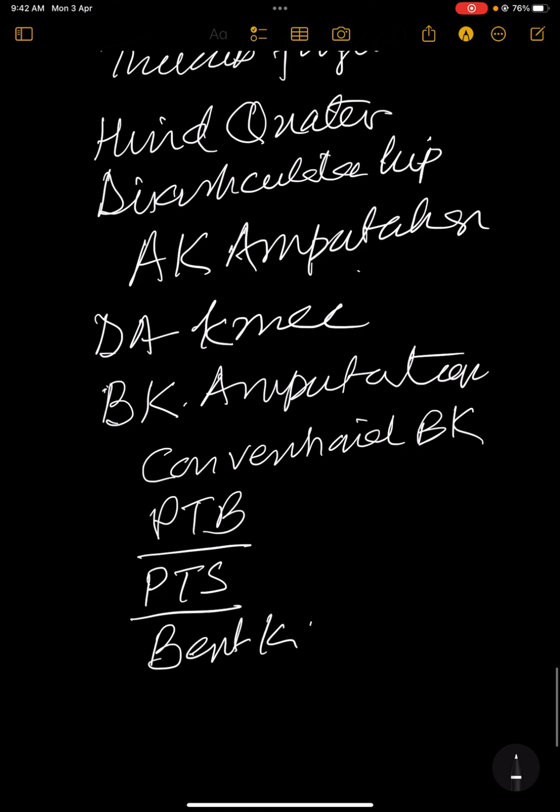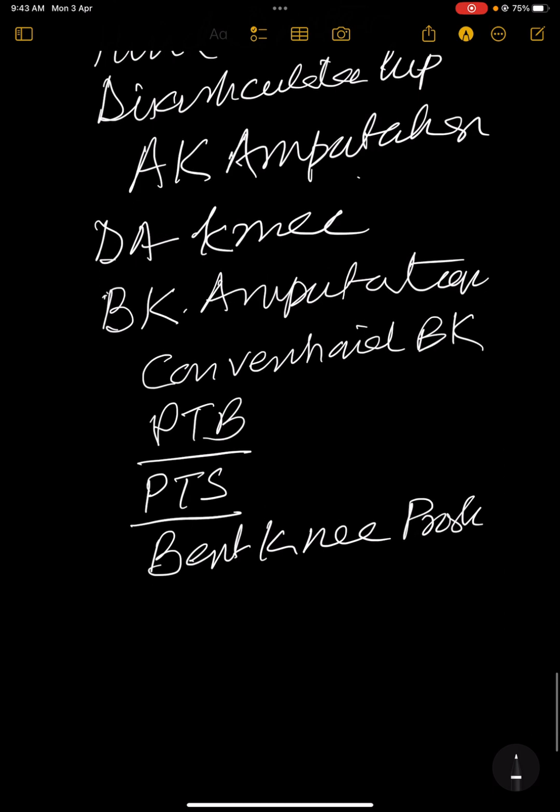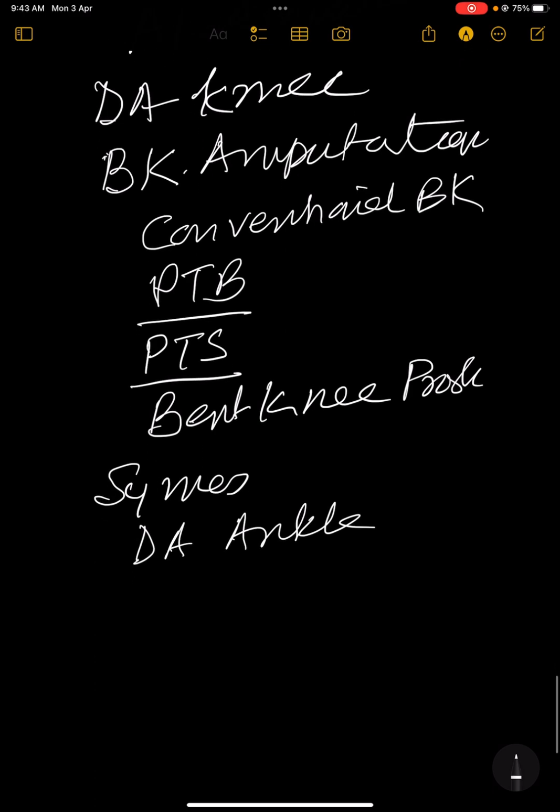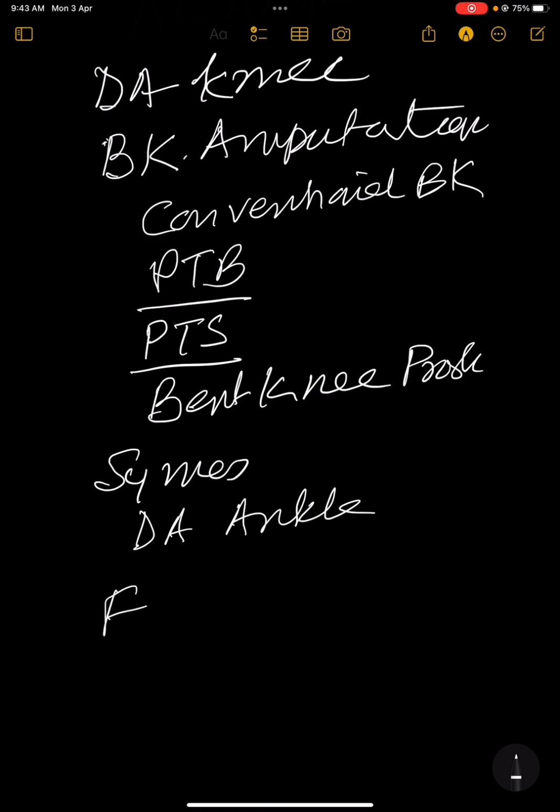Supposing there is a flexion deformity of the knee, then there is a prosthesis which adjusts for that flexion deformity. So there is a bent knee prosthesis. Then after that there is the Syme's, and then there is disarticulation through the ankle, and there are amputations of the foot.